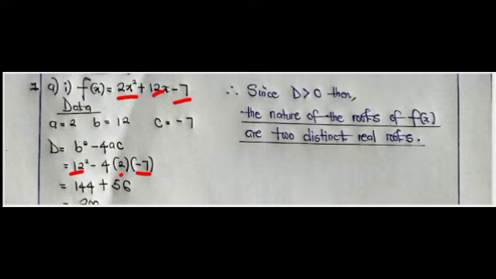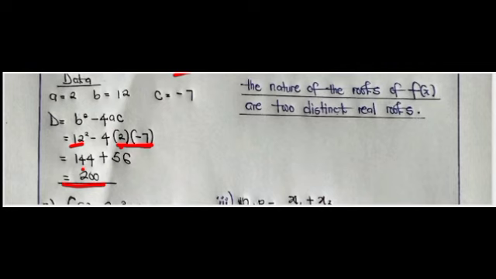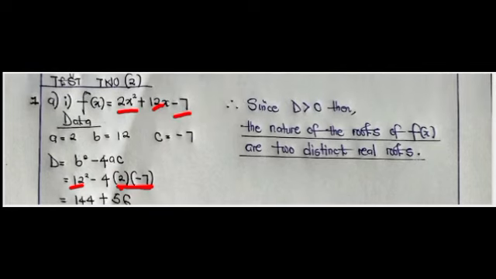So 12 squared is 144, and negative 4 multiplied by 2 multiplied by negative 7 gives positive 56. So 144 plus 56, the answer is 200. Now, this is the way in which we're supposed to conclude. We say, since the discriminant is greater than 0, the nature of the roots of f of x is two distinct real roots.